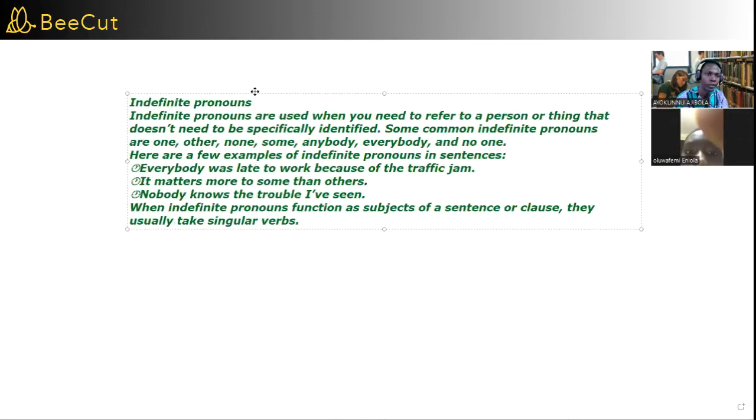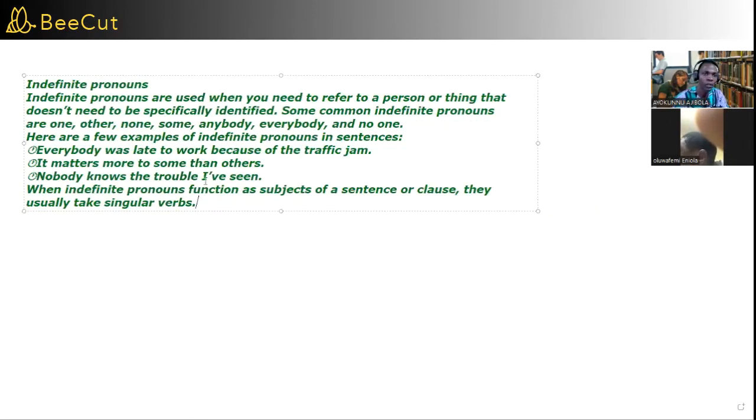From the word indefinite. Indefinite pronouns are used when you need to refer to a person or thing that doesn't need to be specifically identified. Some common indefinite pronouns are one, other, none, some, anybody, everybody, and no one.